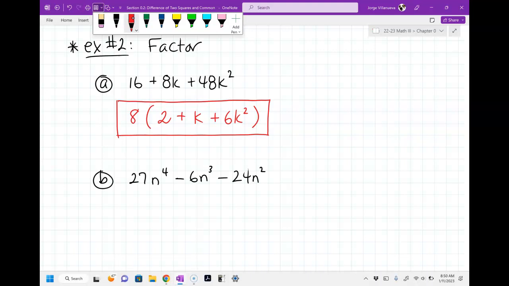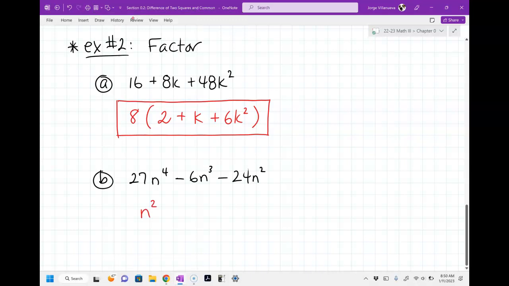Do they all have a variable in common? Yeah, the letter n, right? How many n's do they each at least have? 2 of them, right? Because n to the 4th has 4 of them. N to the 3rd has 3 of them. N squared has 2. They all at least have 2, right? So n squared is what they have in common.